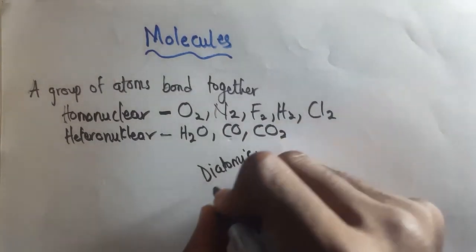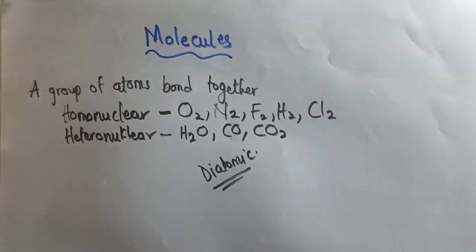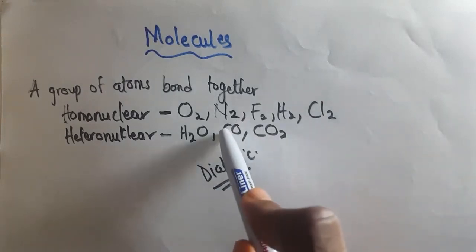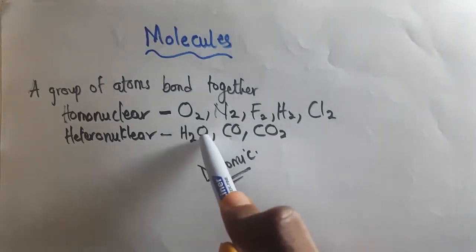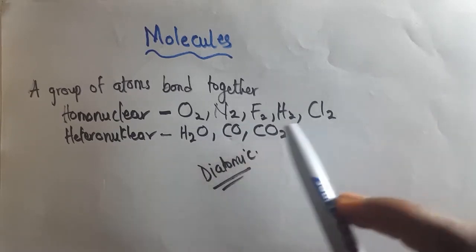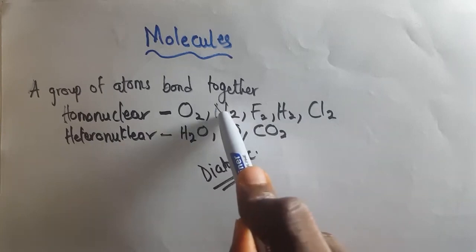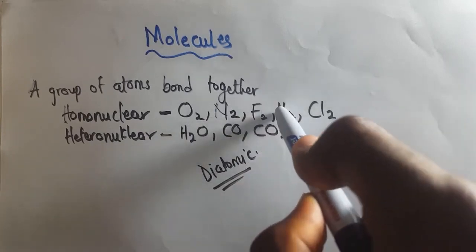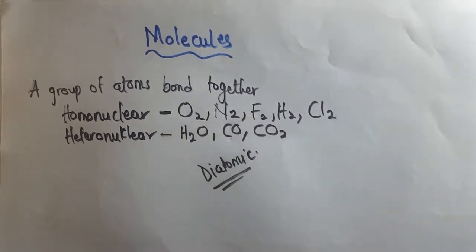Whether they are different or the same, they are two. So over here you have carbon and oxygen, hydrogen and oxygen, carbon and oxygen, diatomic. Oxygen and oxygen, nitrogen and nitrogen, fluorine and fluorine, hydrogen and hydrogen, chlorine and chlorine.